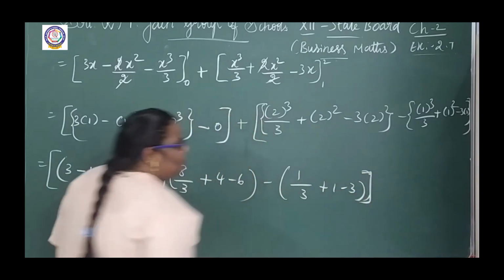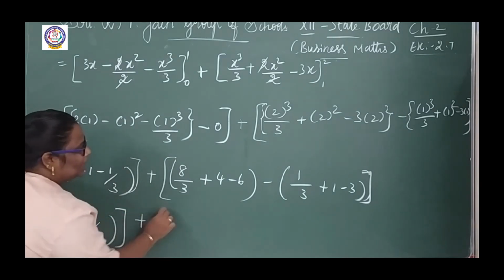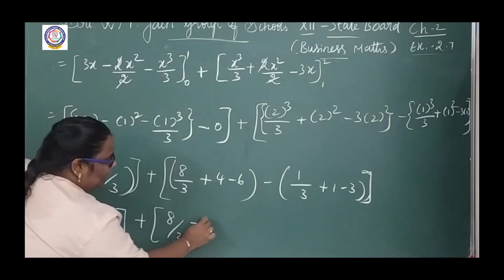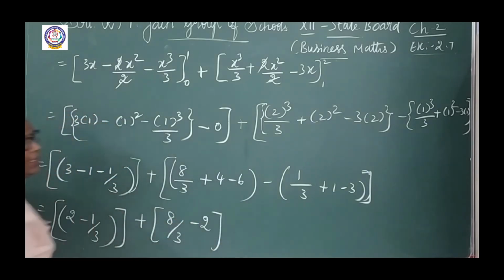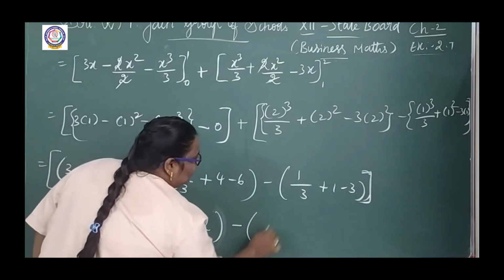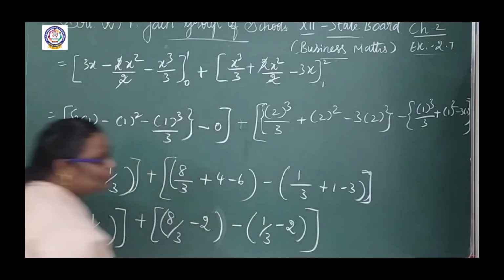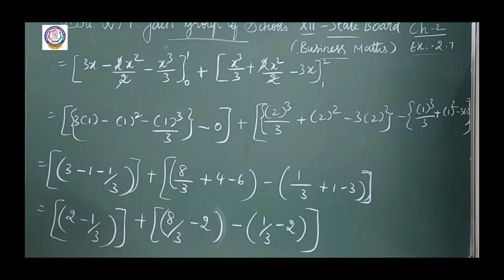See here, 3 minus 1 is 2, minus 1 by 3, plus 8 by 3, 4 minus 6 is minus 2, minus 1 by 3, 1 minus 3 is minus 2.